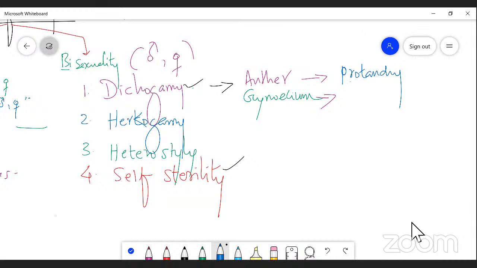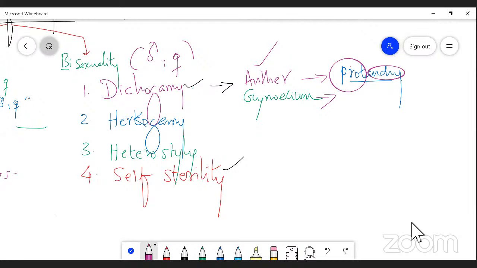Pro means first, or earlier. The androecium, the anther, attains maturity earlier, and then the gynoecium develops.